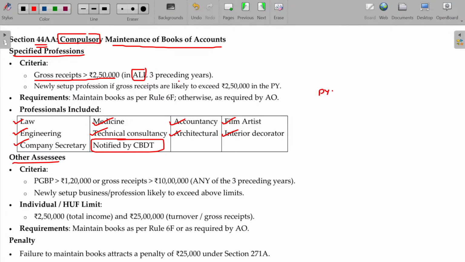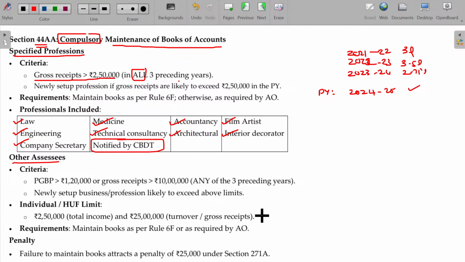Okay, current previous year being 24-25. Prior to that being 23-24, 22-23, 21-22. In these 3 years, here 3 lakhs, here 3.5 lakhs, here 2.75 lakhs.